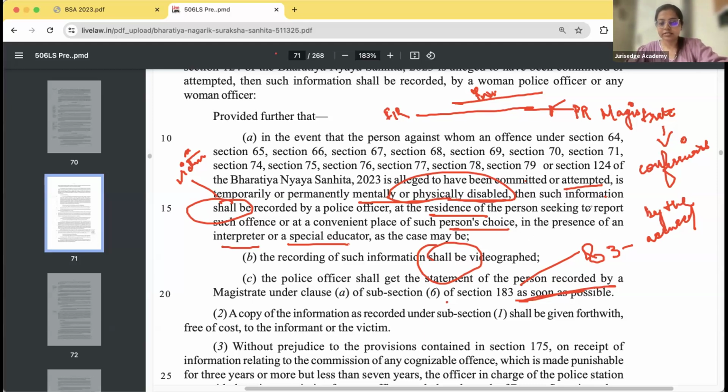If all these offenses are alleged to be committed or attempted, then the statements under 183 should be conducted as soon as possible. This was the exact language in the old law also, and the exact language in the new law also. So no time limit is mentioned here. It is just mentioned that if it is such a kind of offense, from the list of offenses mentioned here, then the police officer should do it as soon as possible. The police officer should produce the accused before the magistrate, and ask for the confessions.